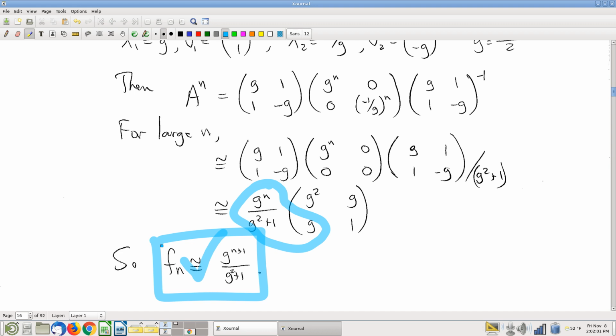And a nice conclusion that you get from this is, again, this approximation, but notice this sequence is geometric. What happens as n gets bigger and bigger? Well, the denominator is constant. It doesn't change at all. All that happens is we keep multiplying by g. So Fibonacci numbers have this feature that it's approximately a geometric sequence. So, neato.